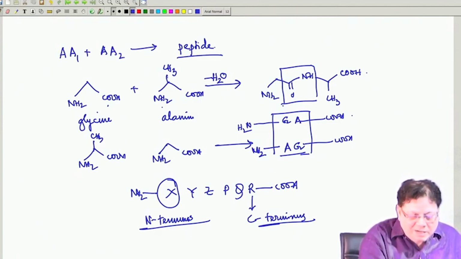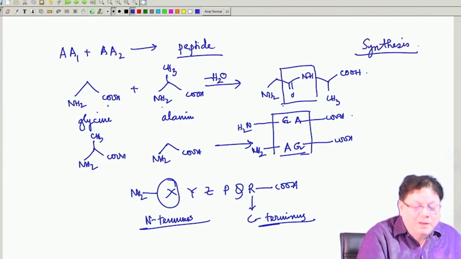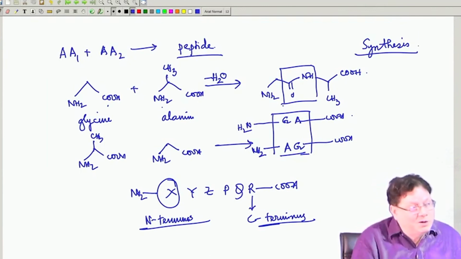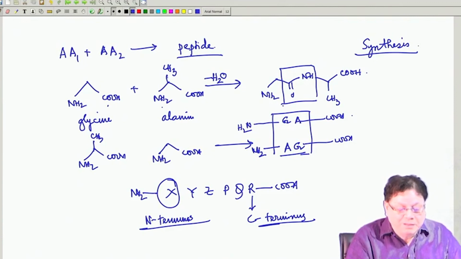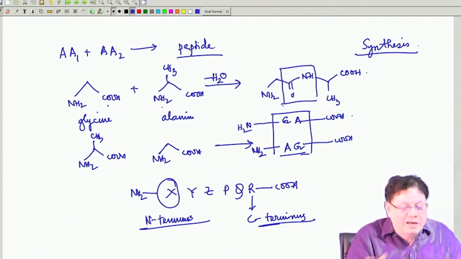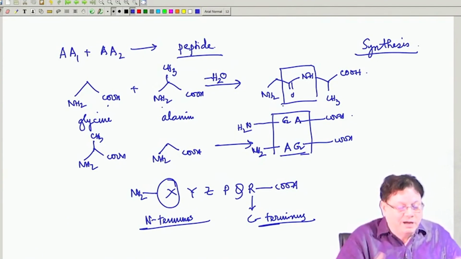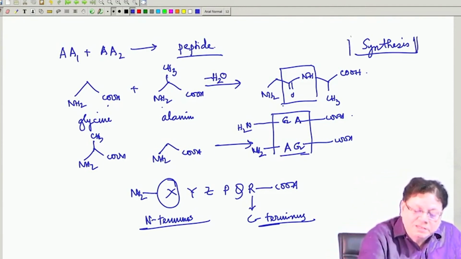So, one is the synthesis, but here we are talking about chemical synthesis, not biosynthesis, that is, how proteins are made in the body. At that time activation comes from somewhere else, because in the body you cannot provide high temperature, high thermal conditions, that is not possible. Okay. So, synthesis is one, which is chemical synthesis.